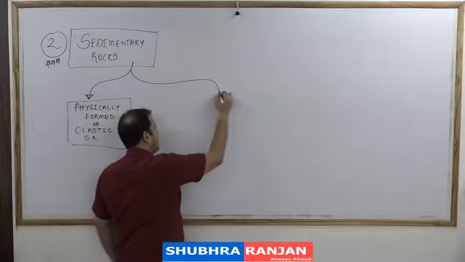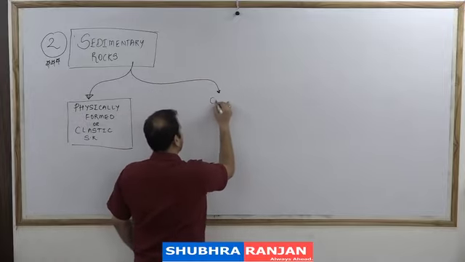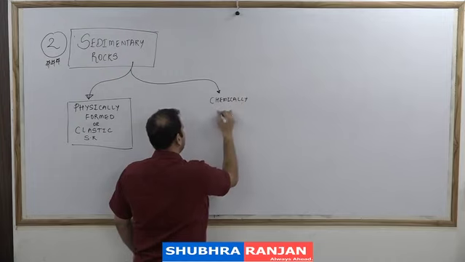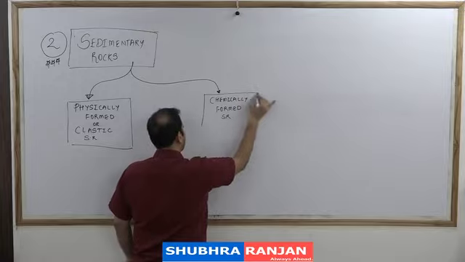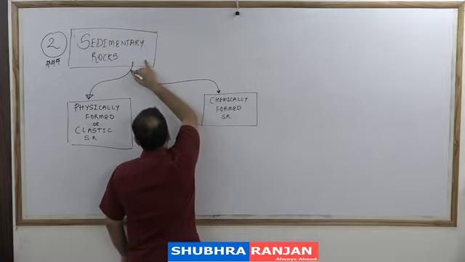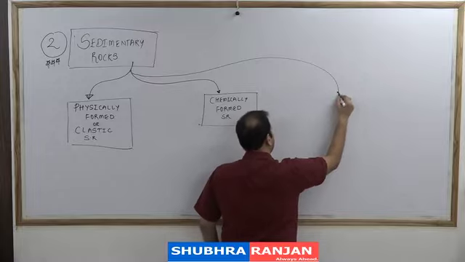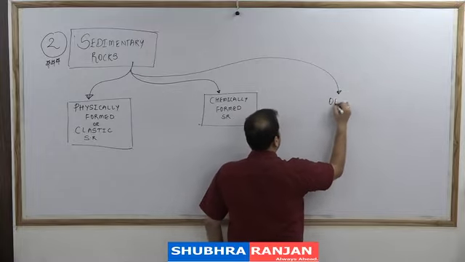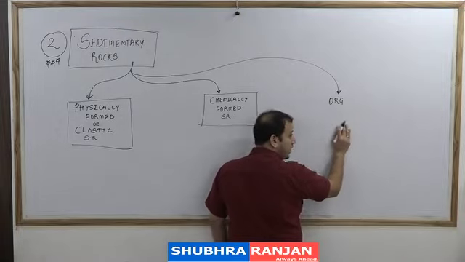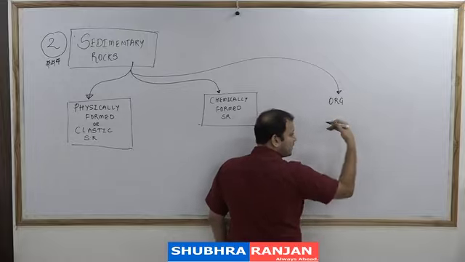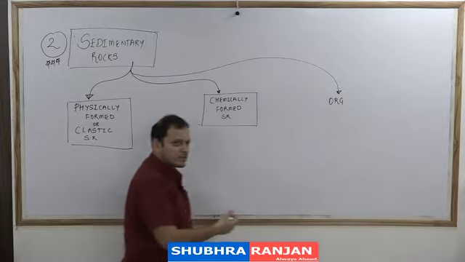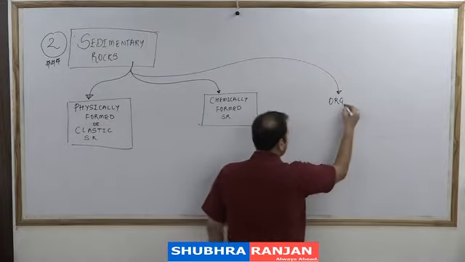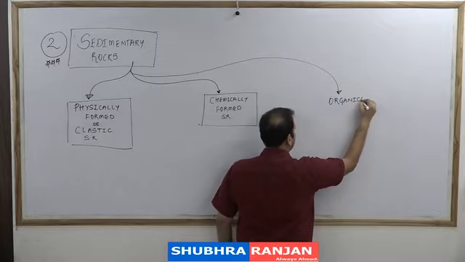Then chemically formed sedimentary rocks. And it can be physically or chemically formed, but derived from organic matter, that is from dead living organisms, bones, etc., and we will call them organically formed sedimentary rocks.